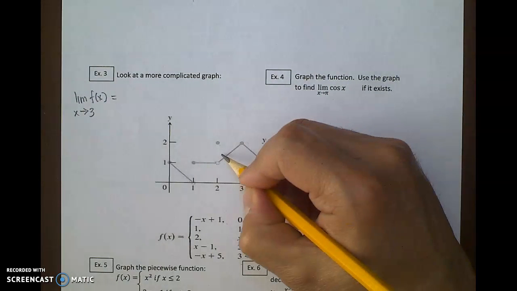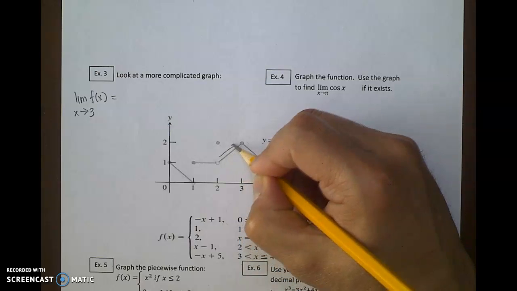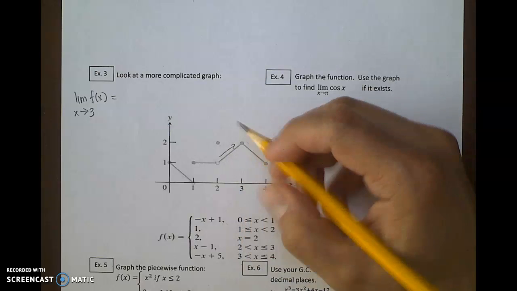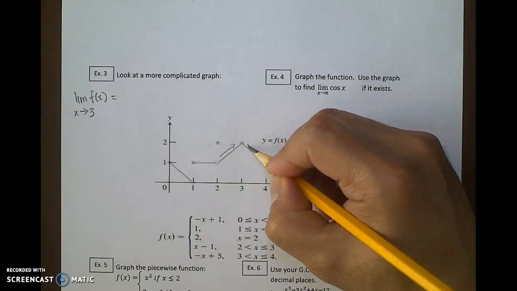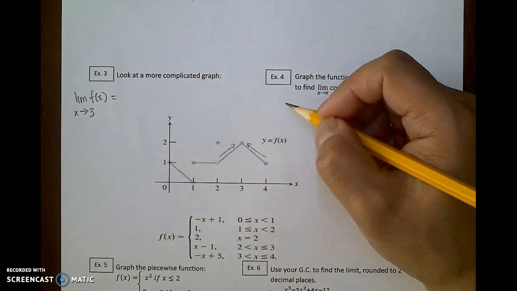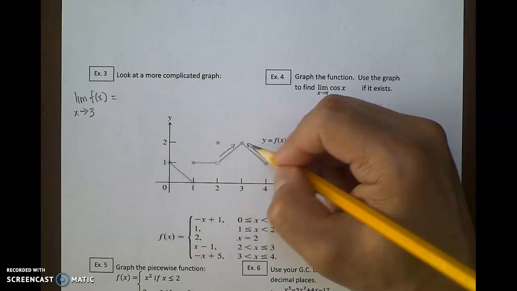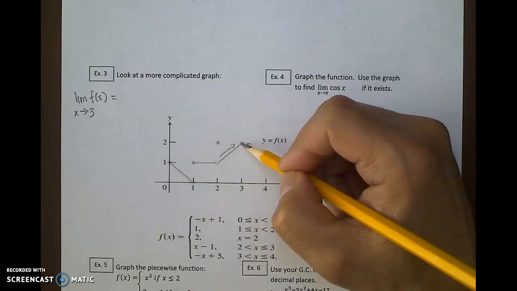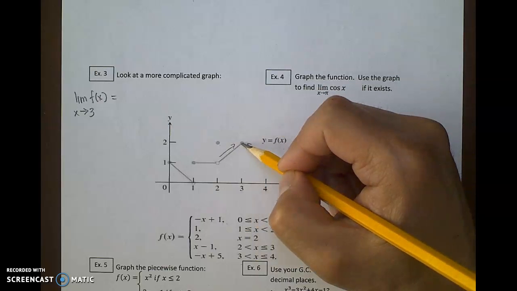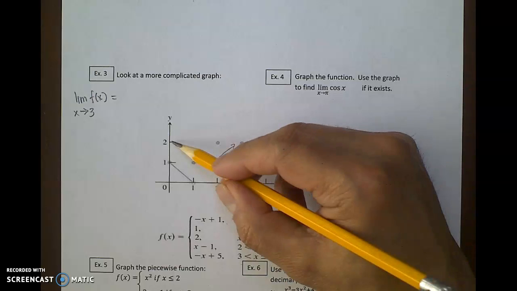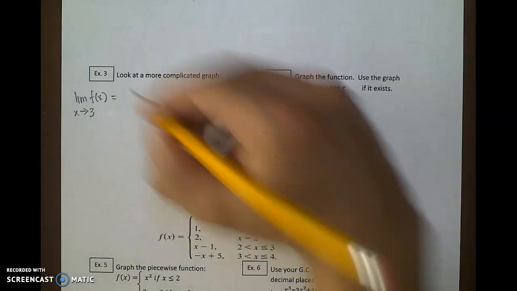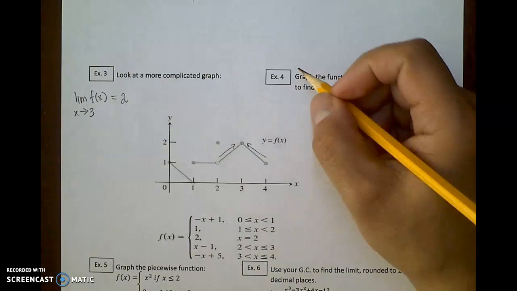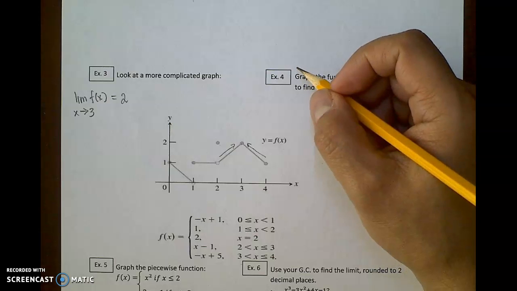So if we're coming in from the left and we're coming in from the right, they are both approaching this location on the graph, and where that is with respect to our y-axis is 2. So the limit of this function as x approaches 3 is equal to 2.